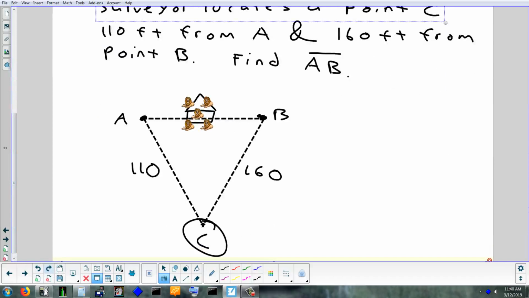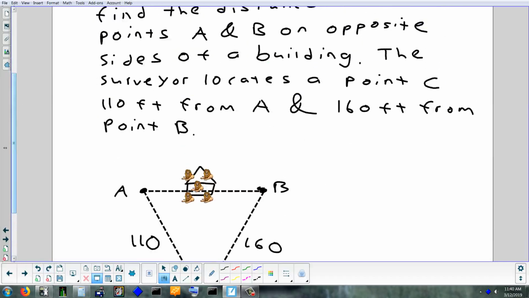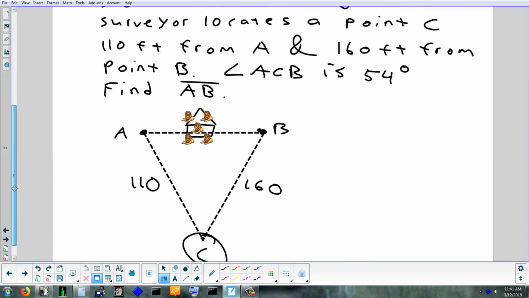Angle ACB is 54 degrees. Without that information, you couldn't do it. Angle ACB is 54 degrees. Now, find the distance from A to B. So, what kind of triangle is this?